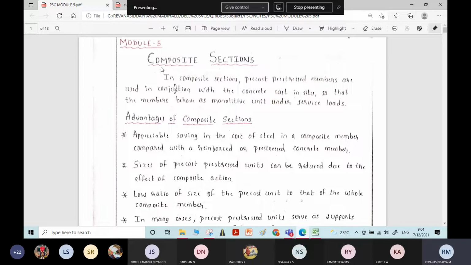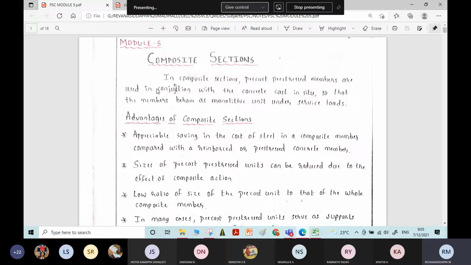In case of composite section, as I said, it will be a combination of PSC and RCC. A combination of PSC and RCC means a combination of pre-stressed concrete and cast in situ concrete. The pre-stressed concrete elements will be cast in a casting yard and placed onto the site. Over those pre-stressed concrete elements, the cast in situ concrete will be placed so that a composite section will be created.